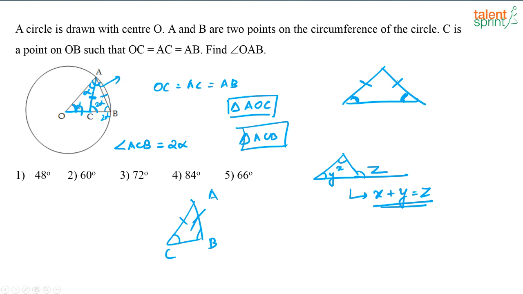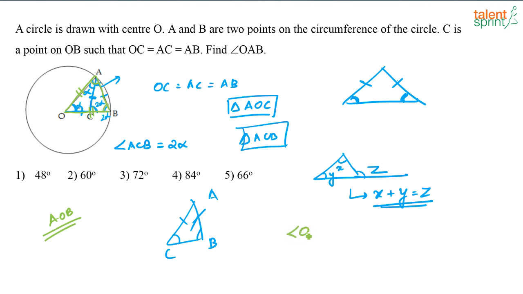Now consider this big triangle, that is, consider this triangle AOB. If I consider this triangle, I can see that OB is equal to OA. How is that? Because OB and OA are the radius of the circle. Using the same property that we used earlier, if OB is equal to OA, then these two angles are equal.